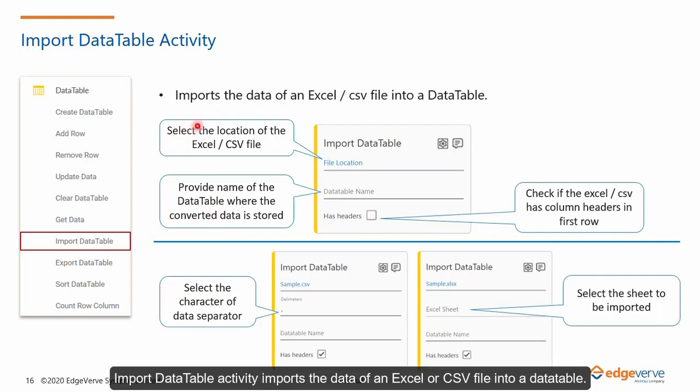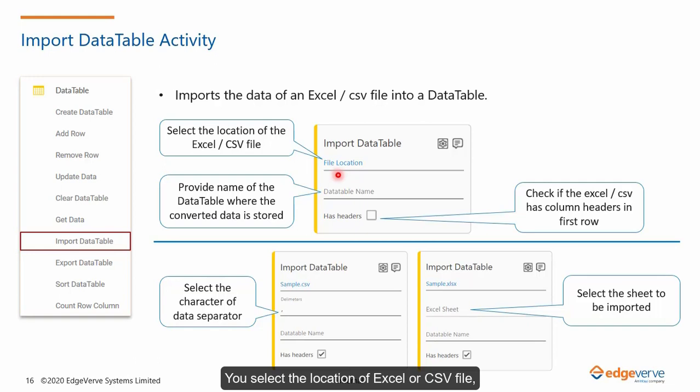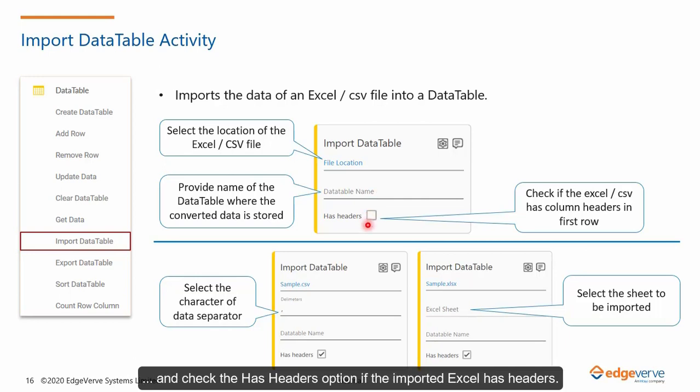Import Datatable activity imports the data of an Excel or CSV file into a datatable. You select the location of Excel or CSV file, provide the datatable name that will be created at runtime, and check the Has Headers option if the imported Excel has headers.